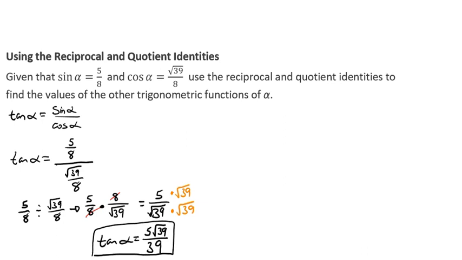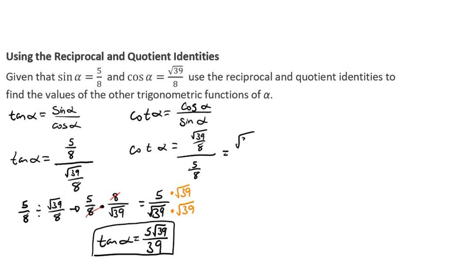So let's take a look at our cotangent. Remember that cotangent of alpha is just the cosine of alpha divided by the sine of alpha. So our cotangent of alpha is going to be the square root of 39 over 8, all divided by 5 over 8. We work that the same way we did the last one.